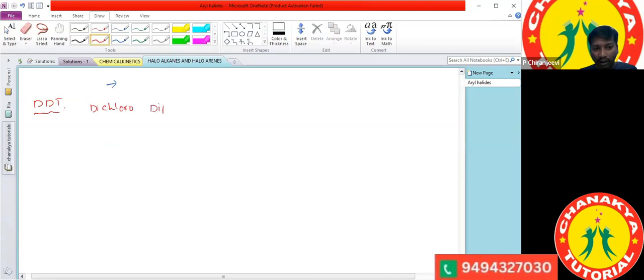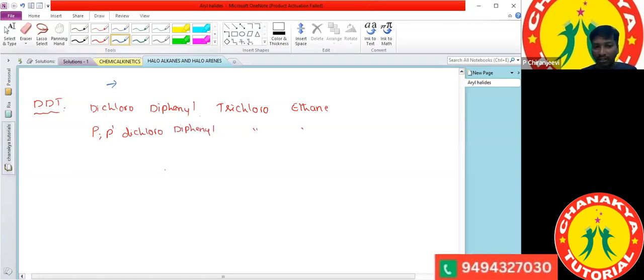Dichloro diphenyl trichloroethane. This we can also call para-para dash dichloro diphenyl trichloroethane, and we can write it as such.